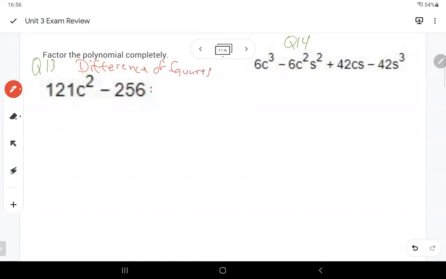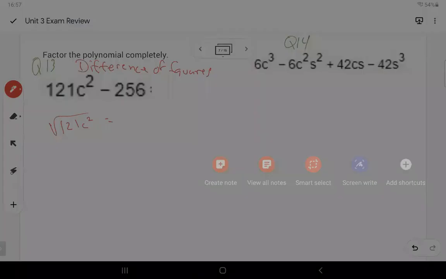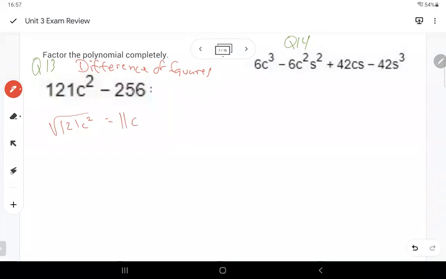Okay, you can check this by finding the square root of 121c squared, which is 11c. And then you can check 256. You can see there's a difference. That's going to be 16. So the way we do this, because there is no middle term, we have to have one parenthesis set have our plus and one have our minus.